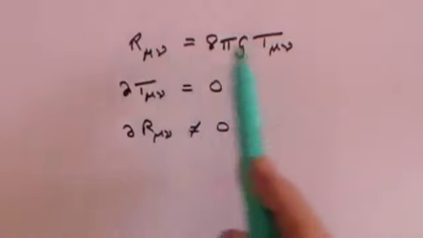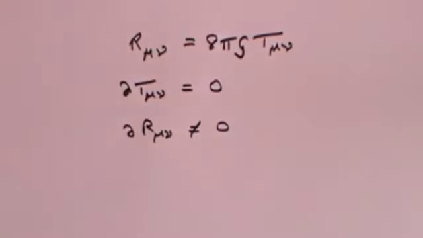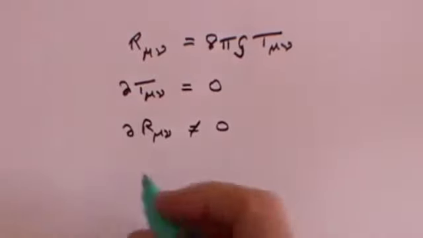So that equation can't be true, because the derivative of one side would be 0, and the derivative of the other side would not. Now, bear in mind that when we're talking about general relativity and field equations, we must never use ordinary derivatives. You will come unstuck. We must always use the covariant derivative.